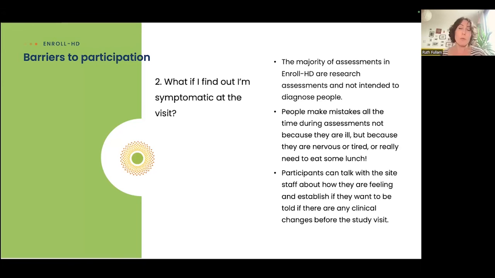You might not want to know, even if that clinician maybe thinks that they can see something, maybe you don't want to know, in which case you can tell the clinician that you do not want to get any feedback. On the other side of it, if maybe you do want that clinical input, again, you can establish that. The site staff should be able to have that sort of dialogue with you, and have you in a position where you feel comfortable taking part in the study.